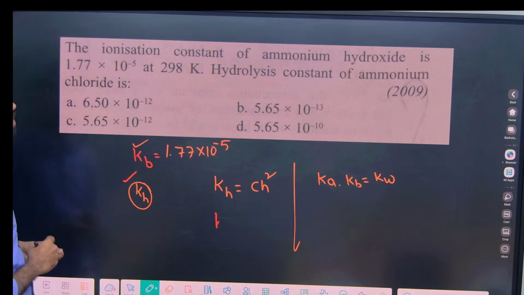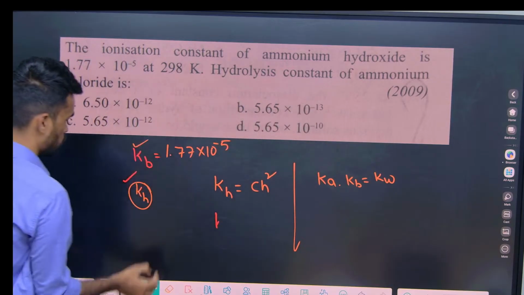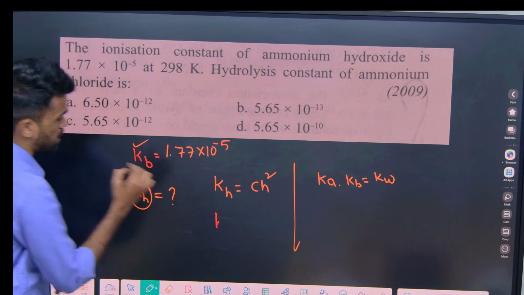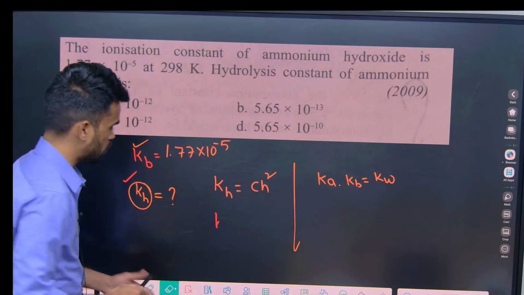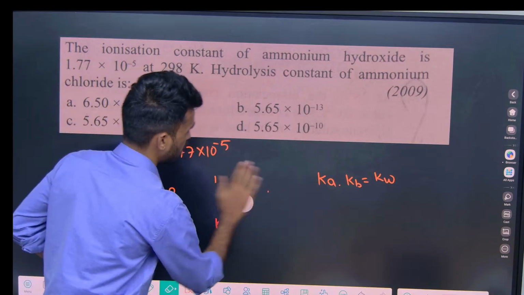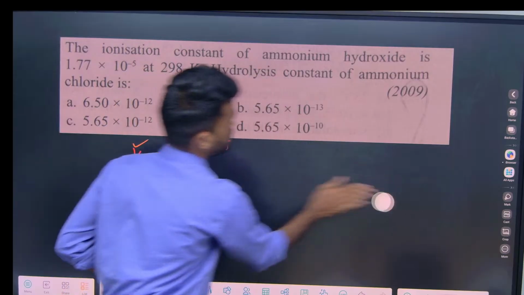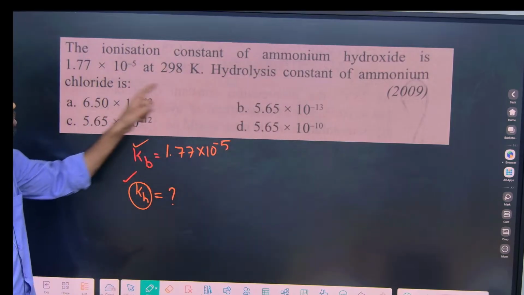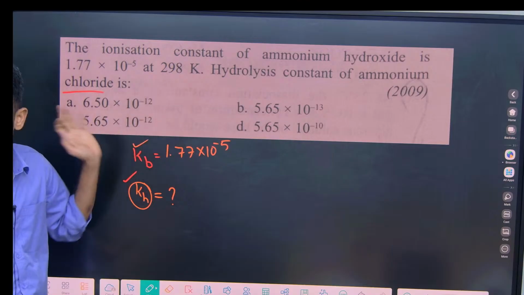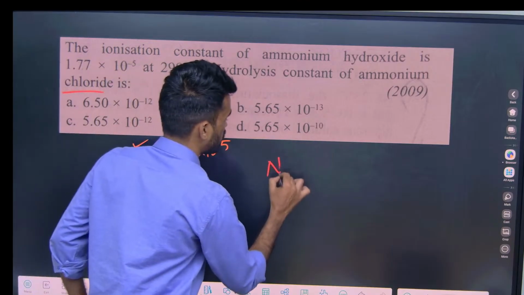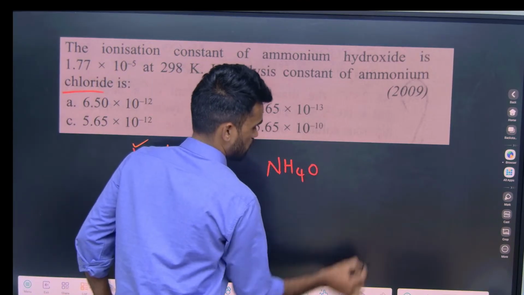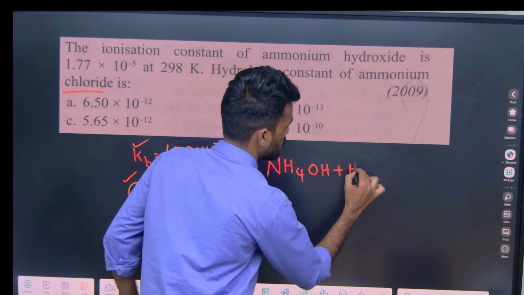Okay, and the hydrolysis constant of ammonium chloride. So it means they are asking the Kh value. It's very easy, I will tell you, just follow these tips. First of all, what is the concept we are using here? Hydrolysis of ammonium chloride. It means, how will ammonium chloride form? Tell me first of all. NH4OH plus HCl.